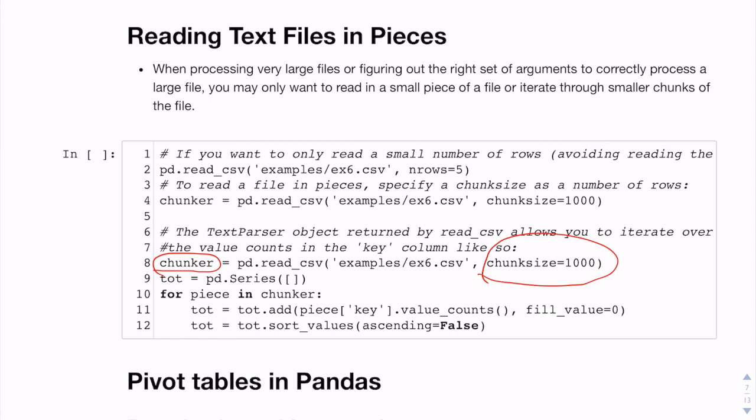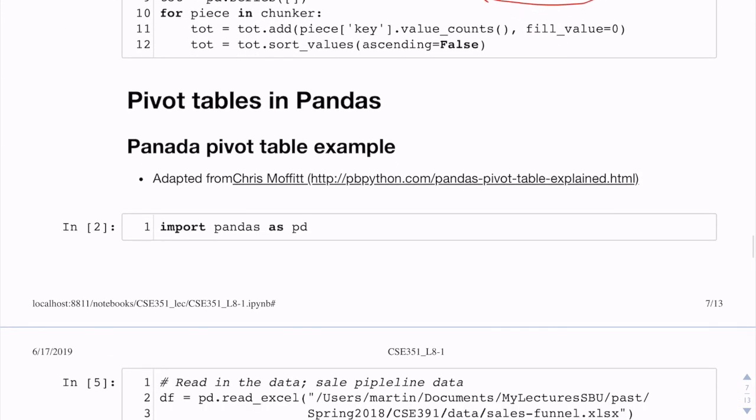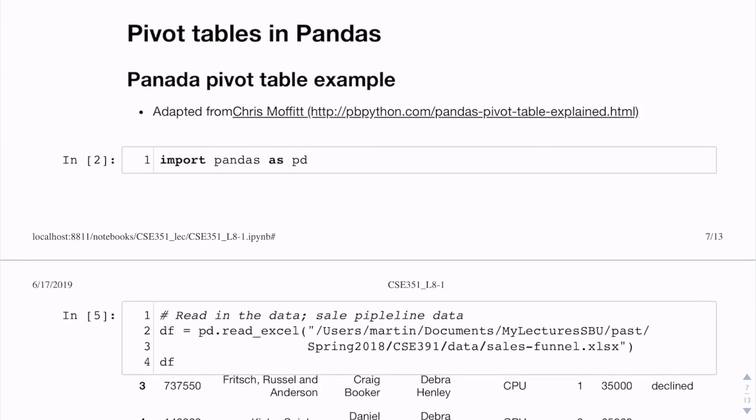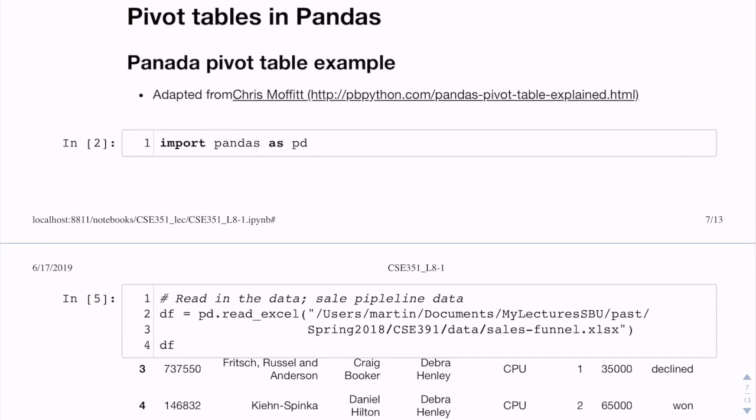Another important topic when you're dealing with the data frame, and also when you read the data and want to get a sense about it, is using pivot tables. I highly recommend you visit this website by Chris Moffett, where I also got these slides. Pivot tabling basically provides a summary of our data.